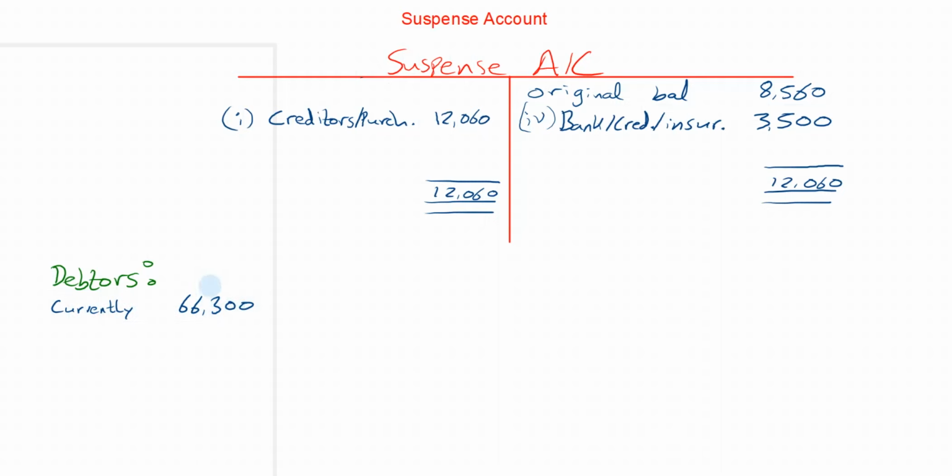Currently there's a credit, so currently we included 8,560 in here on the credit side. That would have reduced our debtors, so we'll take that back out.